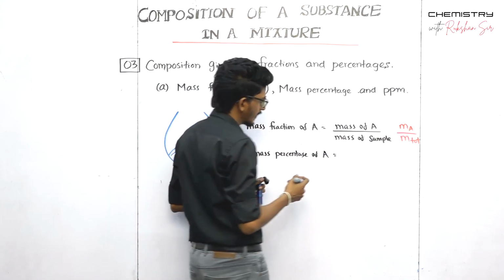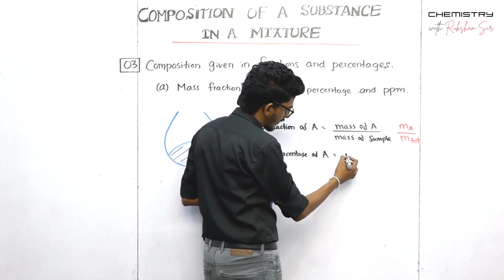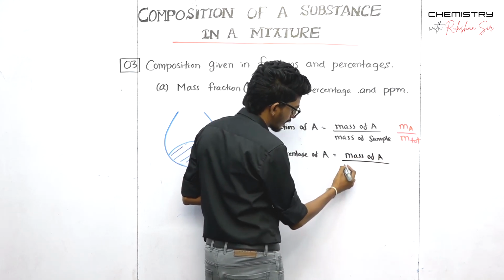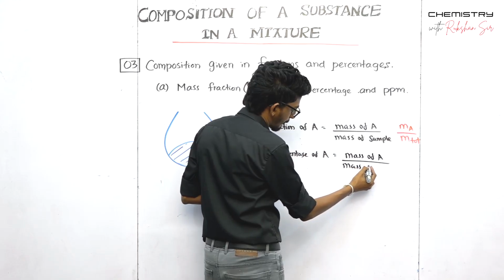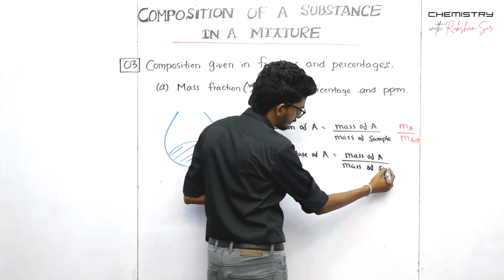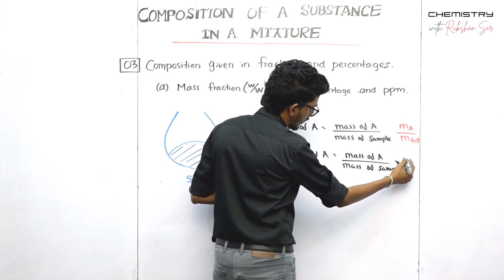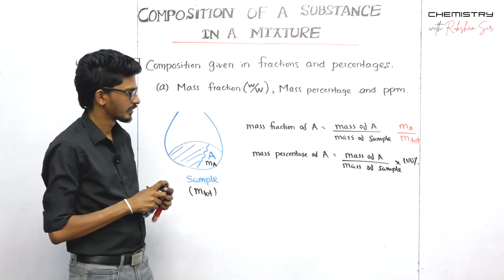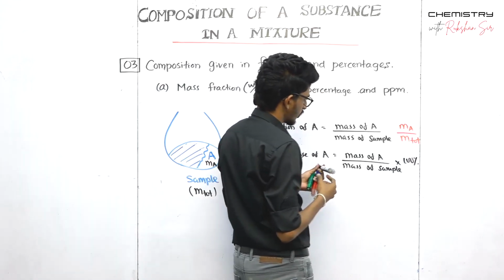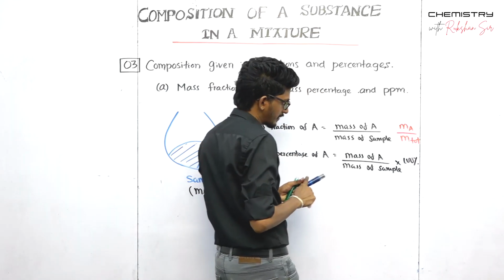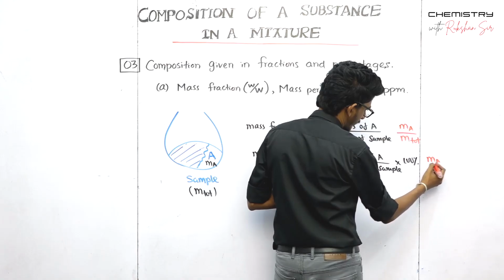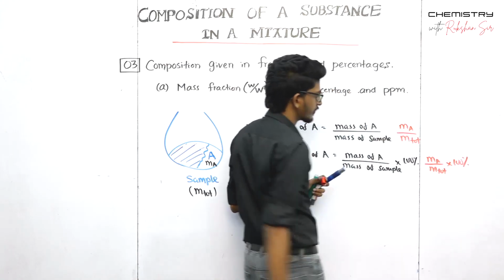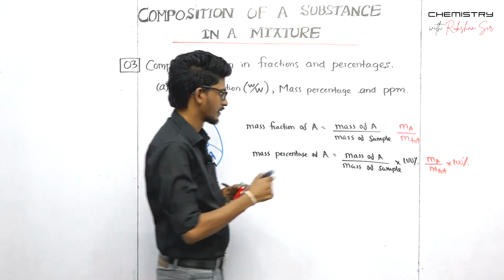So it can be simply represented as the mass of A divided by the mass of sample into 100, or else we can write it as MA over M total into 100. Simple as that.